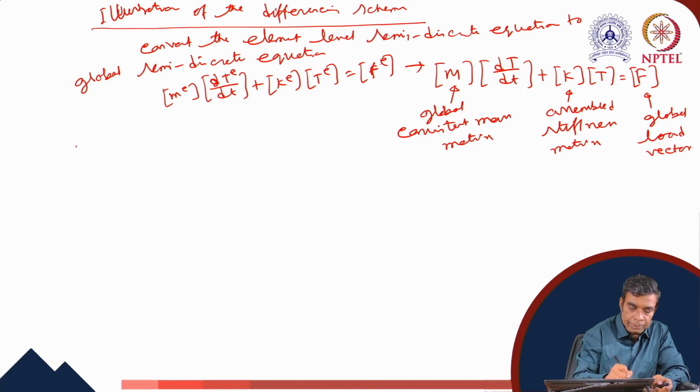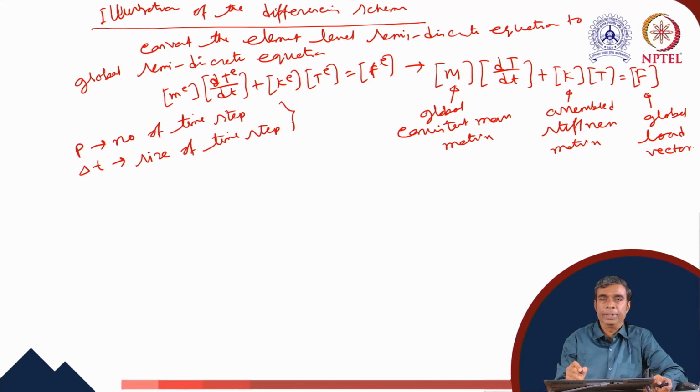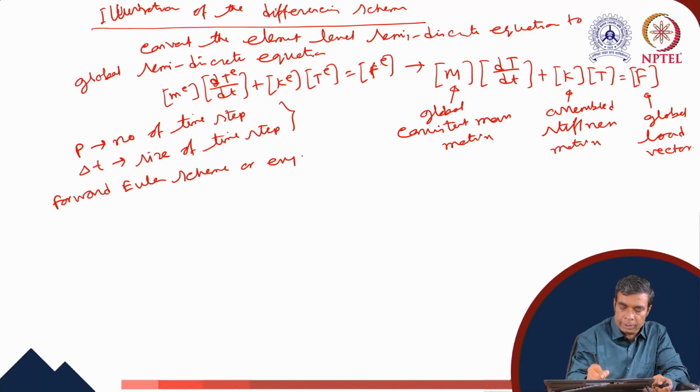Now let P represent the number of time steps and delta T the size of the time step. We introduce these two variables to illustrate the differencing schemes using the finite difference for the time derivatives. The forward Euler scheme or explicit scheme.